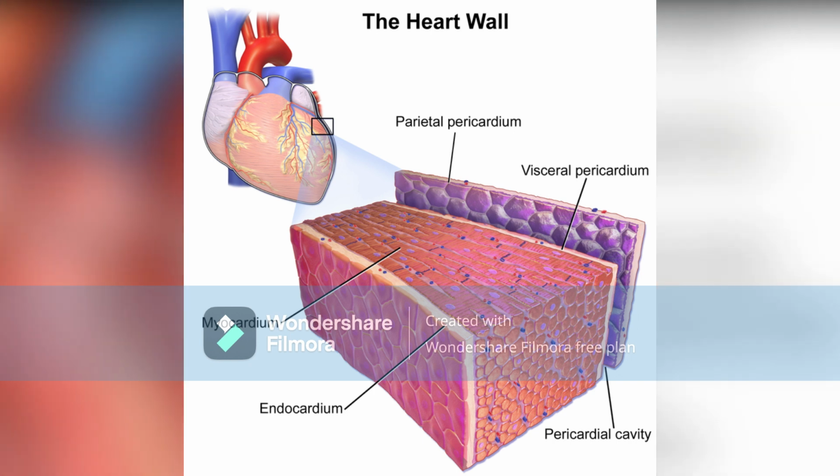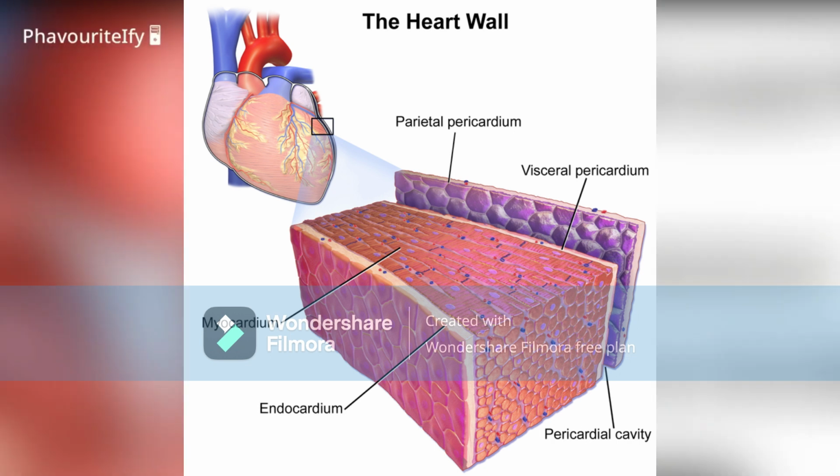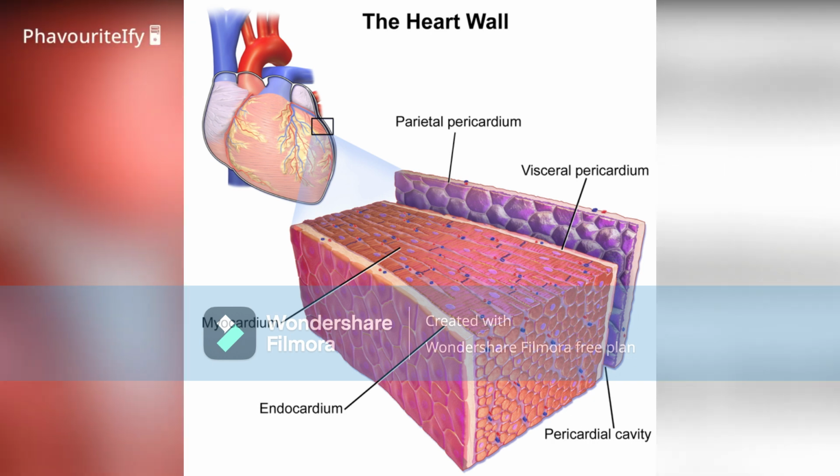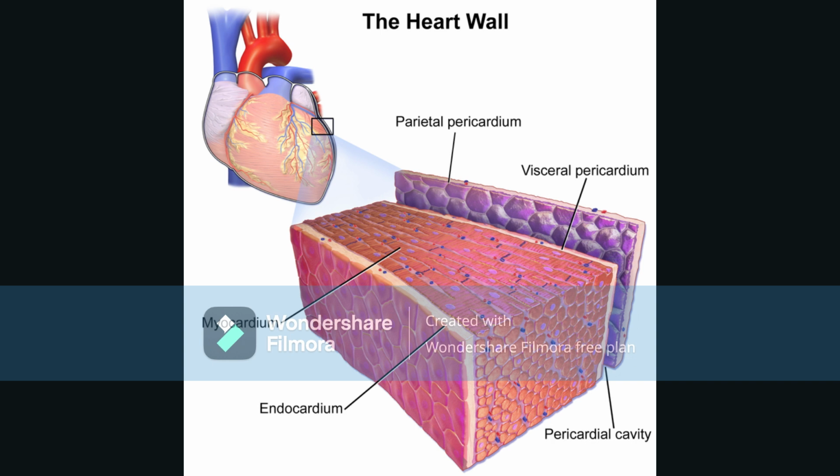Okay, yeah, the epicardium, you can see the inner part there, you can see the label there, that is the endocardium. Then the next layer after the endocardium is the myocardium, while the outer one is called the epicardium. So the endocardium is a thin internal layer, that is the endothelium and subendothelial connective tissue.